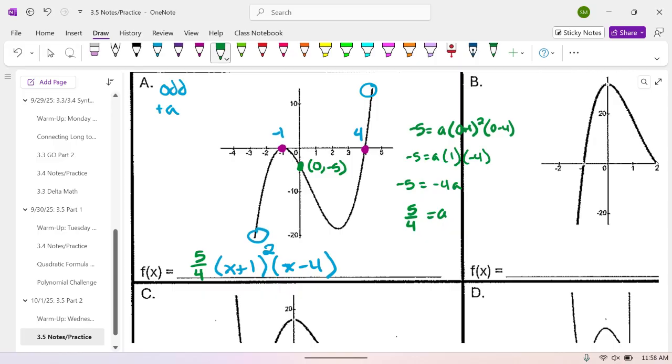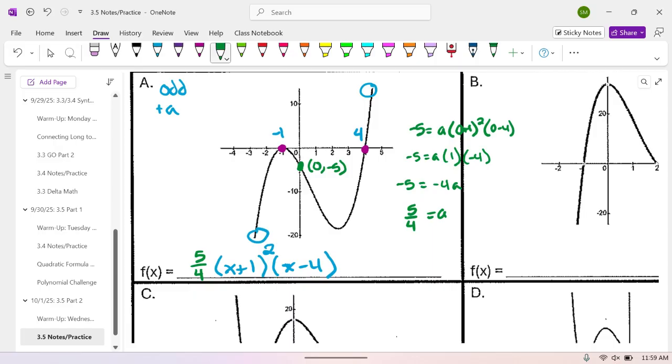Now, our degree has to be odd. Is my degree odd? Yes, technically it is. Because remember, the degree comes from its standard form. Another way you can think about it is the number of roots. So if you have an x plus 1 squared, what does that mean for this root?